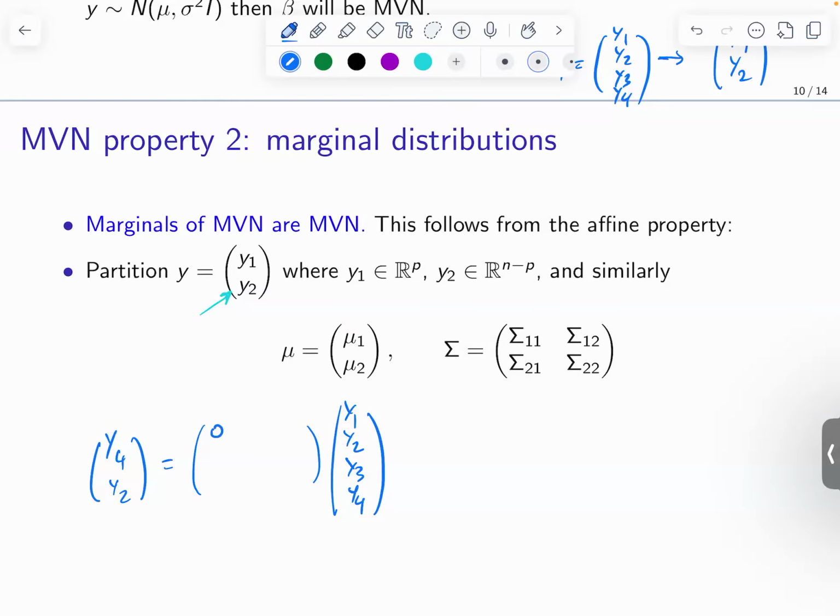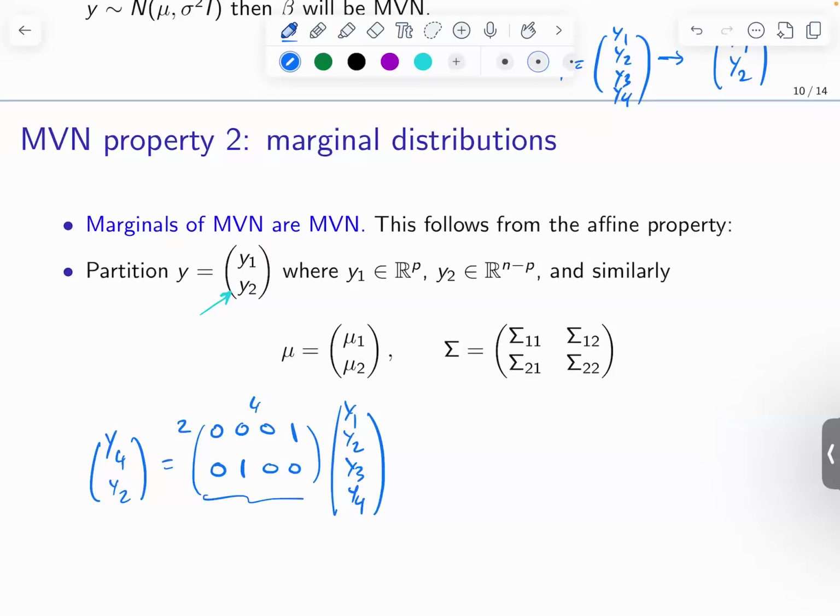The first row is 0, 0, 0, 1. This is going to get multiplied by that and selects y4. And the second one would be 0, 1, 0, 0. So it is 2 by 4, and if you multiply, you get that.